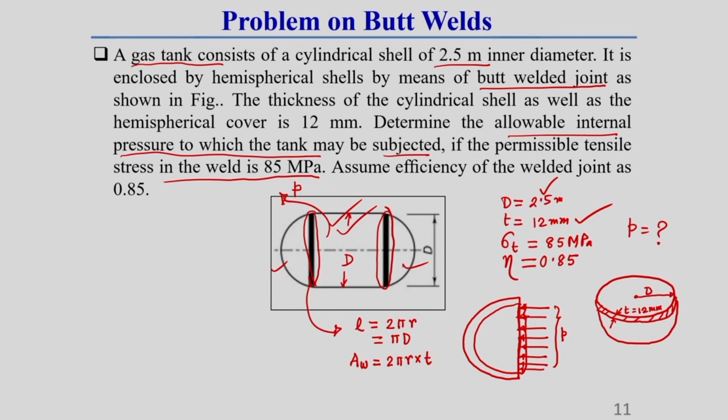We know that in case of a butt weld joint we generally consider the thickness of the plate equal to the throat thickness. This you should keep in mind. So, this is our weld cross sectional area.